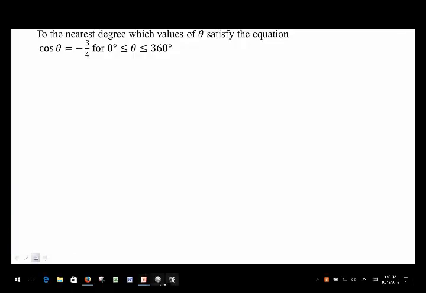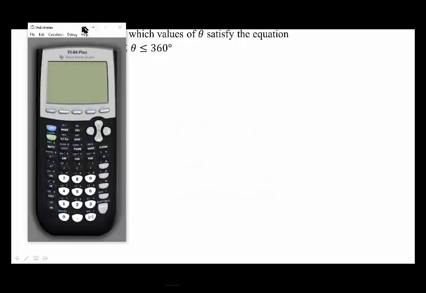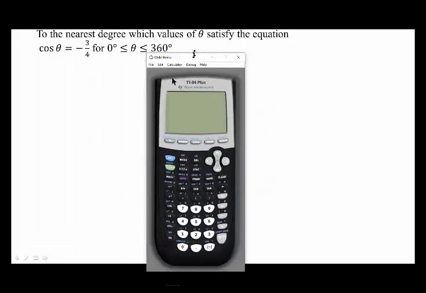So I'm going to encourage you to use it. We're going to graph cos theta. So I have a funny feeling that, yep, mine dies every time. Okay, there we go.